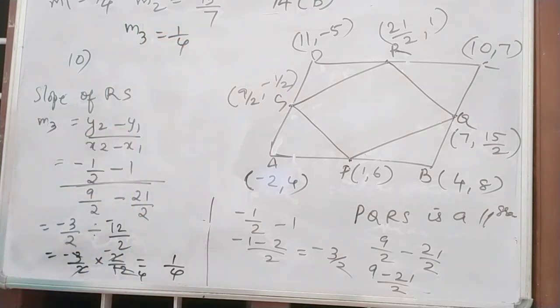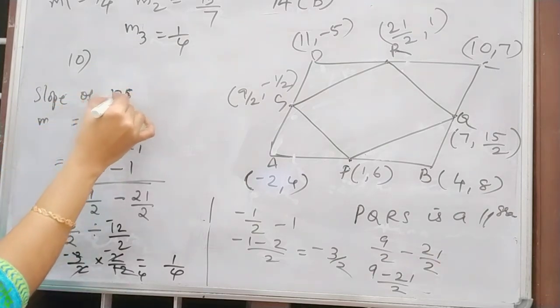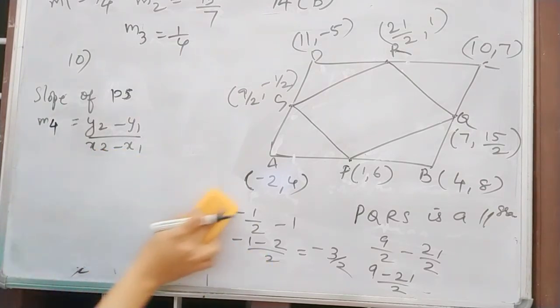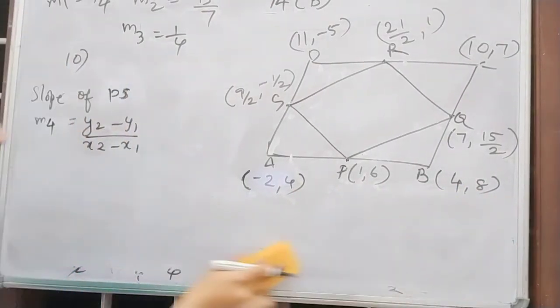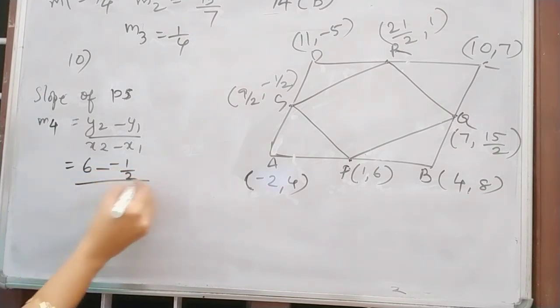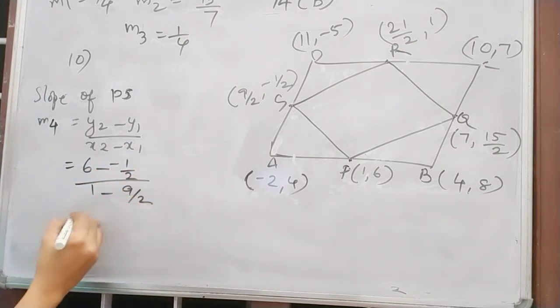Next we have to find the slope of PS, that is m4. That is y2 minus y1 divided by x2 minus x1. That is 6 minus negative 1 by 2 divided by 1 minus 9 by 2.